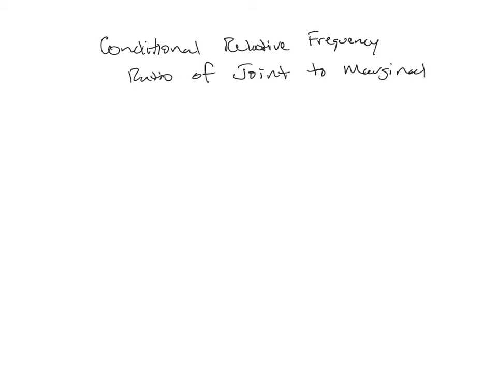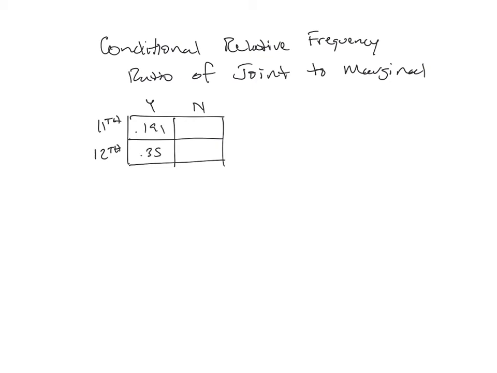Okay, so if we go back and use the same info, so we're not recreating the wheel here, on this one I'm going to put the relative frequencies in, like those decimals. So this one was 0.191, and this one was 0.35 and 0.291 and 0.168.